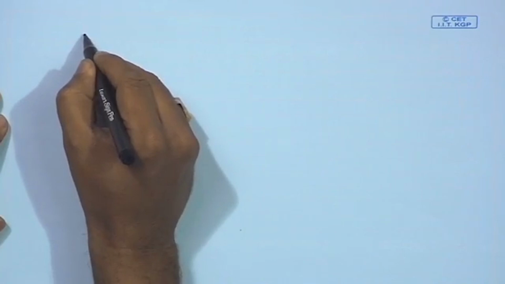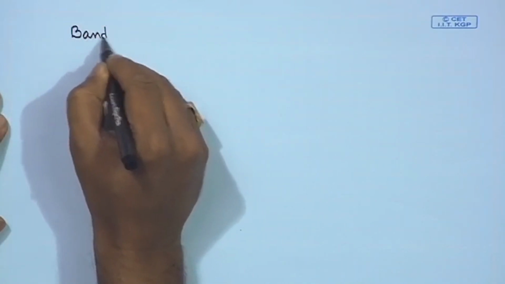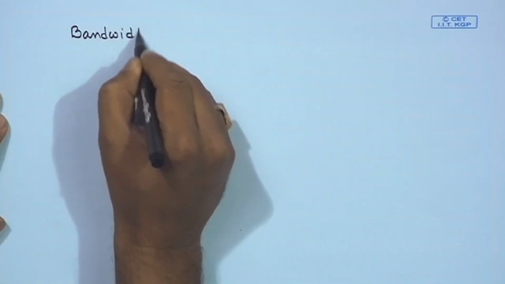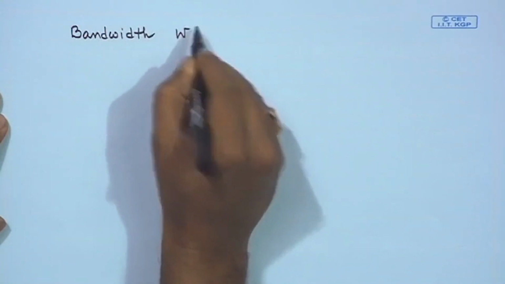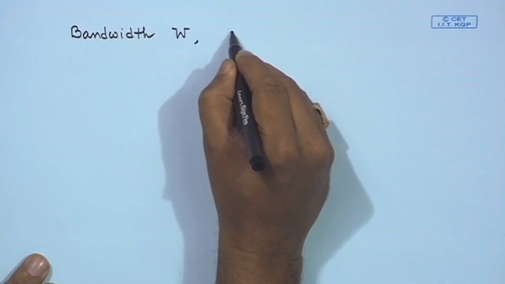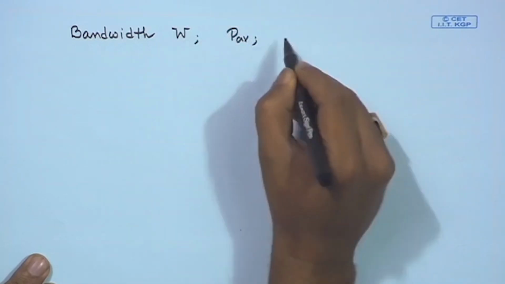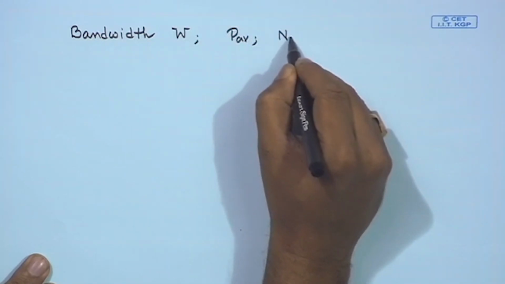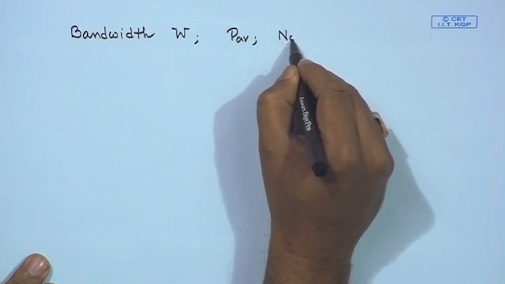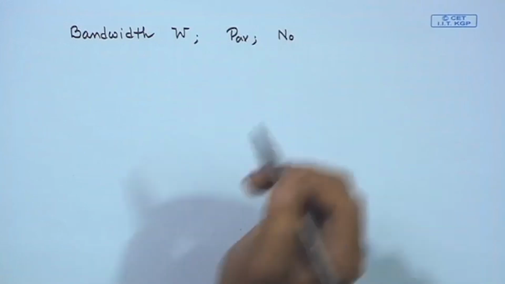So, what we have is the expression of capacity for a band limited channel. If we have the bandwidth W, and the average signal power is PAV, and the noise power spectral density is N naught by 2, equivalent baseband is N naught.